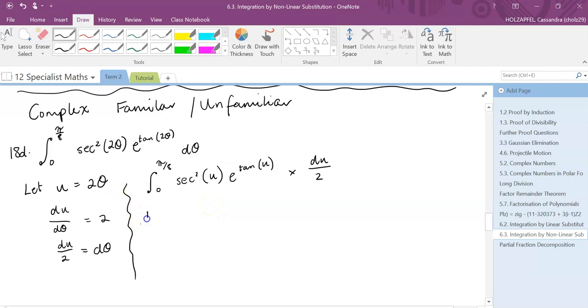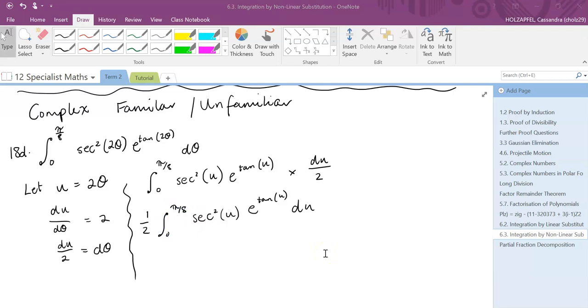So let's move this half out the front here. I've got a half of the integral from 0 to pi on 8, and I'll just write this. This looks kind of crazy, but I want to show you something. This is going to be a little bit of a sidetrack, so let's jump over here. Let's say I wanted to find the derivative of the function e to the power of 2x. We would just use the chain rule, and the derivative would be equal to 2 times e to the power of 2x.